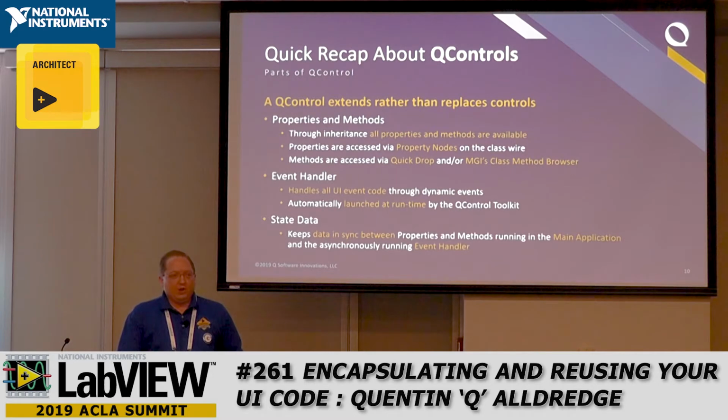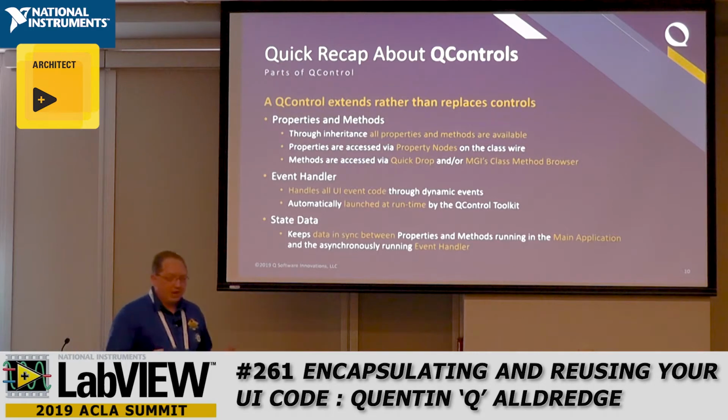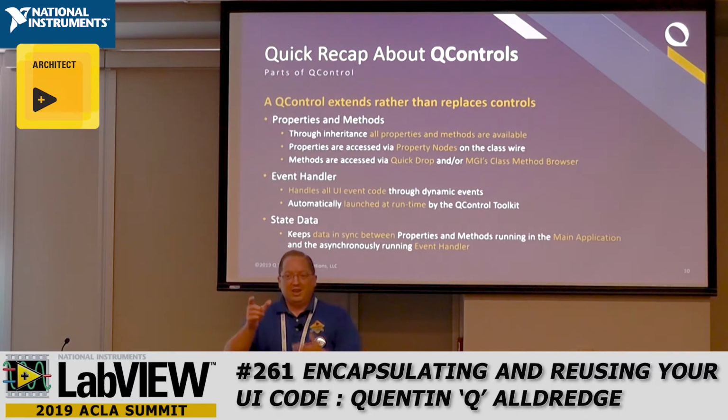Say you have column headers for your list box, and you want to change how the column headers work when someone inputs something into column headers. You can override the column headers property. And then just by the nature of the way object-oriented works in LabVIEW, you pass your Q control class wire into a property node, and you access all of the properties just as you did before.